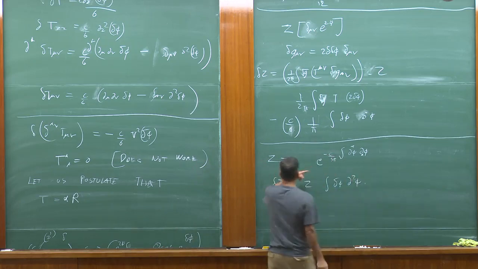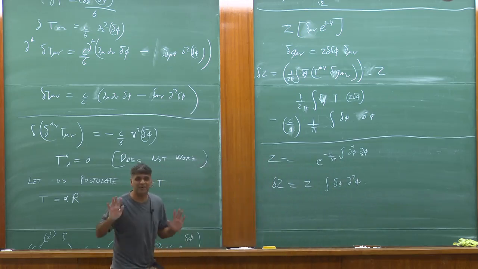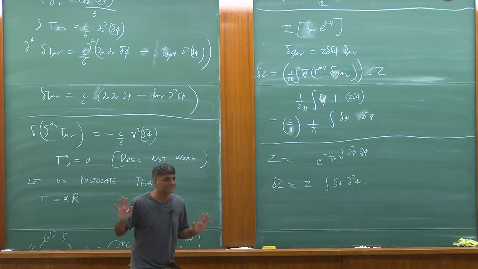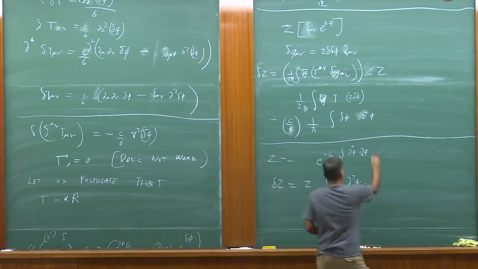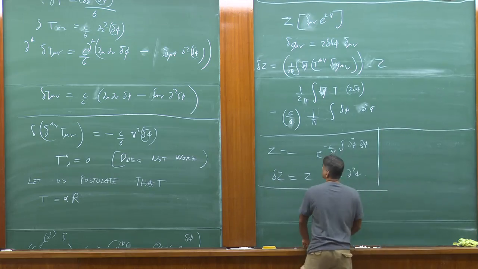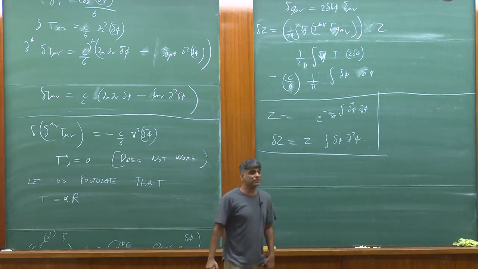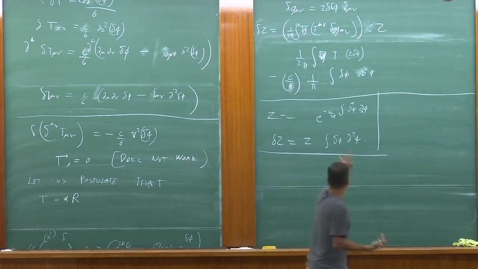And I've chosen the number so that the numbers will match. Is this clear? Was that too fast? Okay. So an expression like this, Z equal to this, is the integration of that relation. Is this clear?